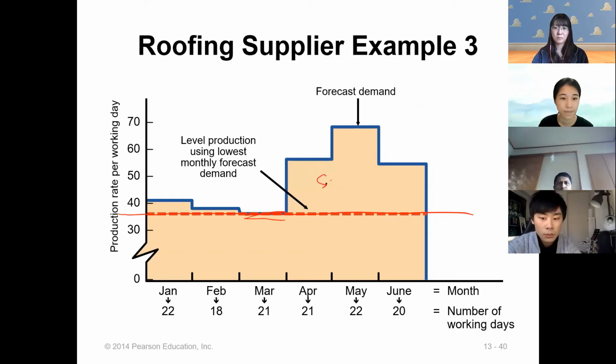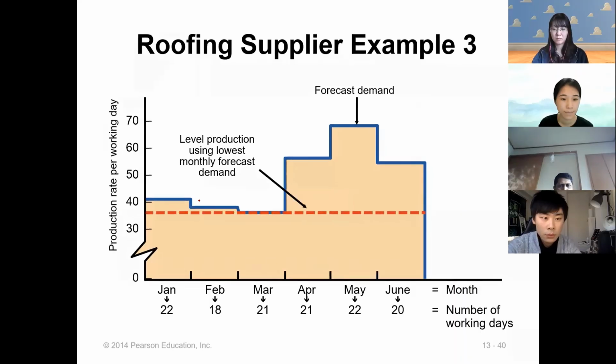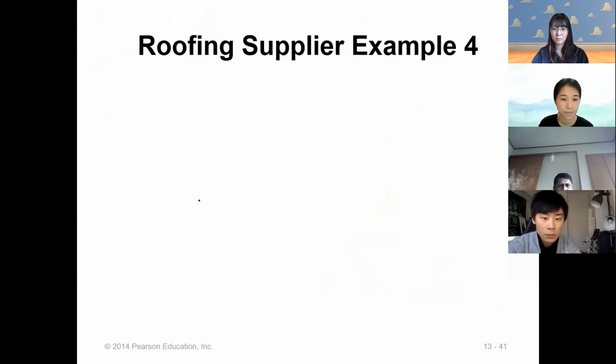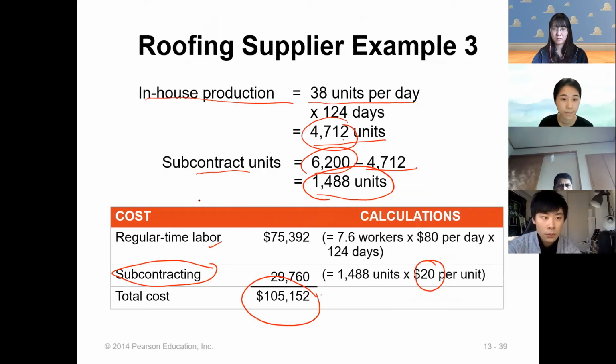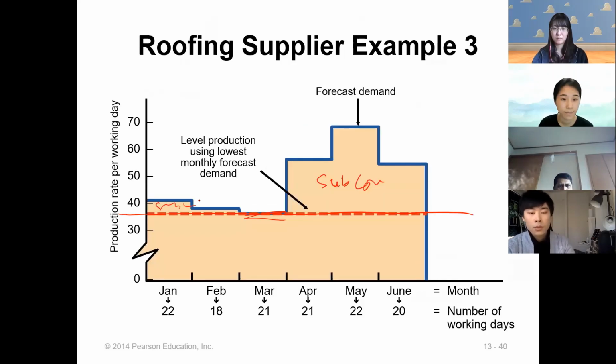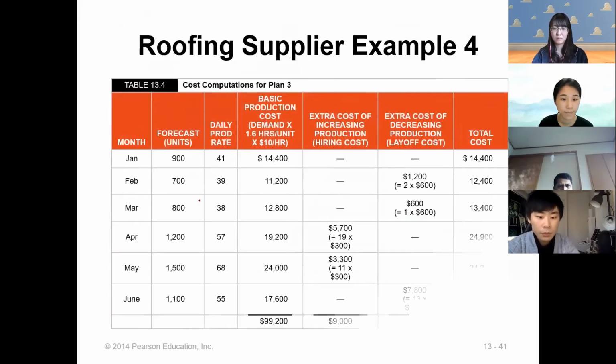These are all subcontracted. Understand? So the cost of this strategy is 108,000. So this is this, not this one. Where has it gone to?